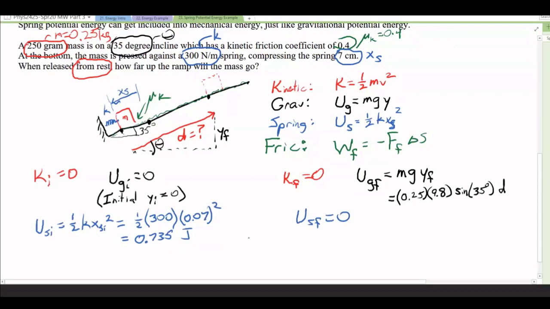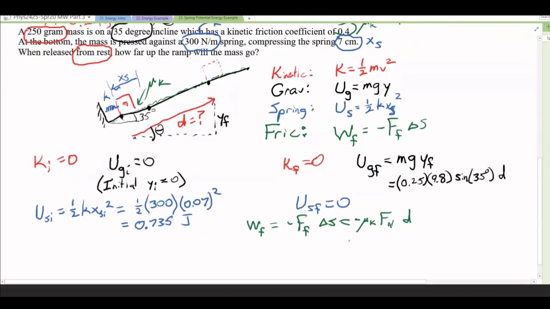And then there's this one more, work due to friction is minus force of friction times delta s. And since we are sliding, our force of friction is mu k times the normal force. And our delta s is just our distance d that we care about here. And we know in the incline, the normal force is m g cosine theta, because we've done that several times already.